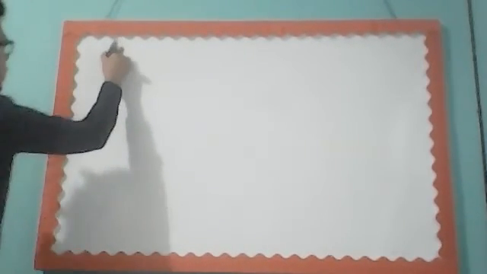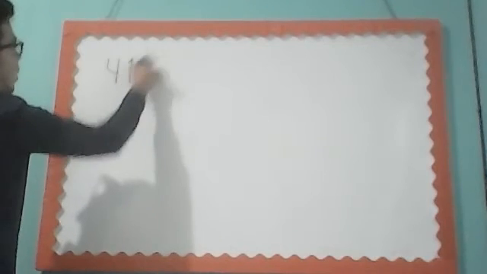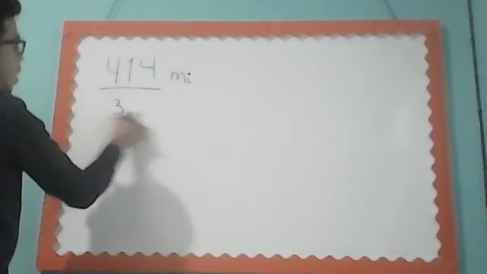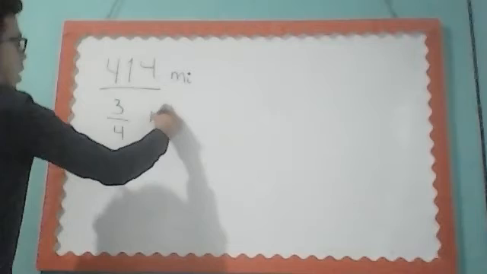You have 414 miles divided by, these are miles. You only write MI and it's miles. And this divided by 3/4 of the hour. 3/4 of the hour.